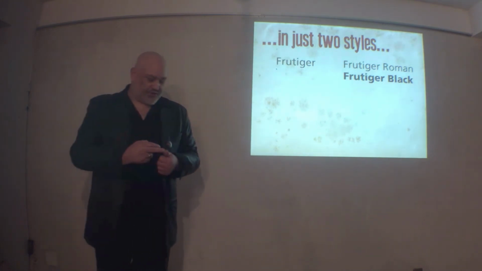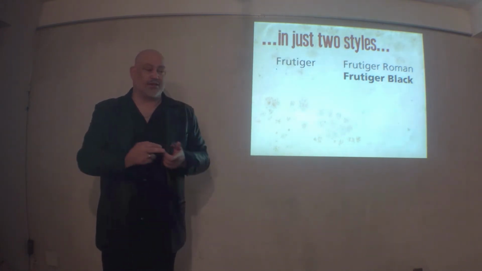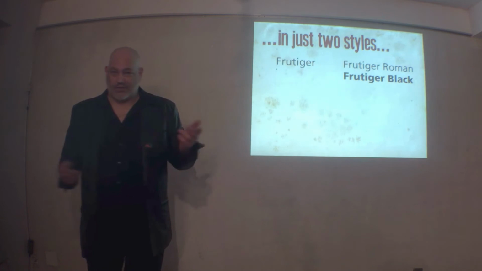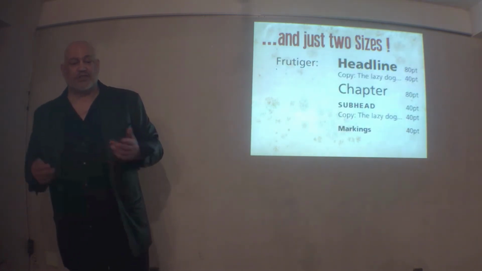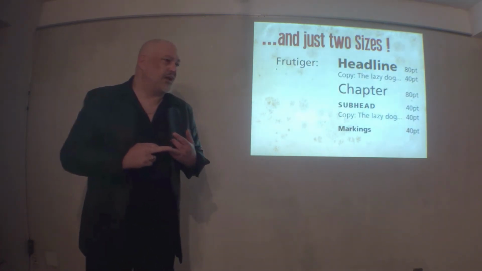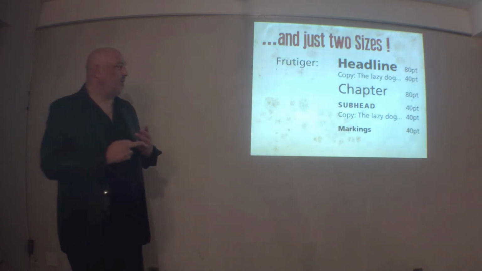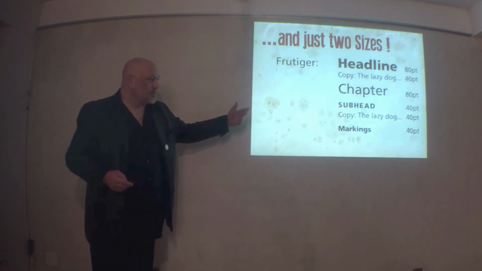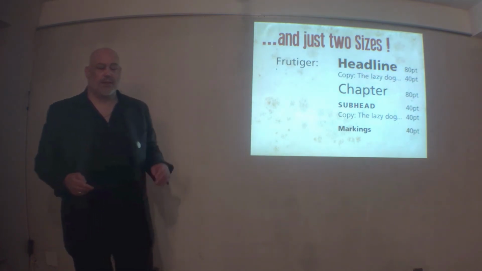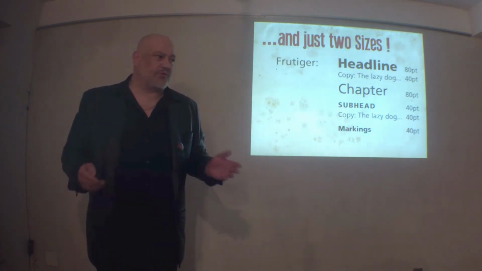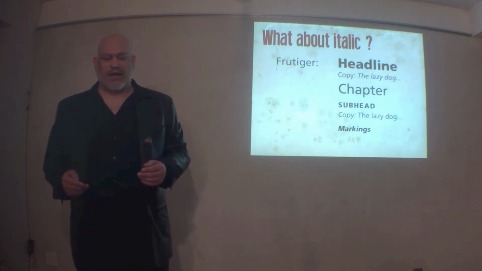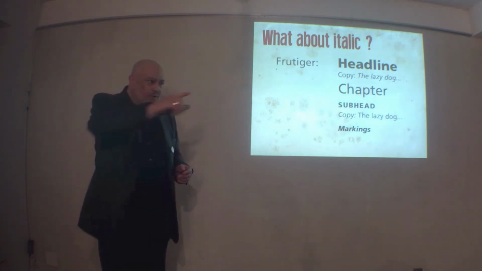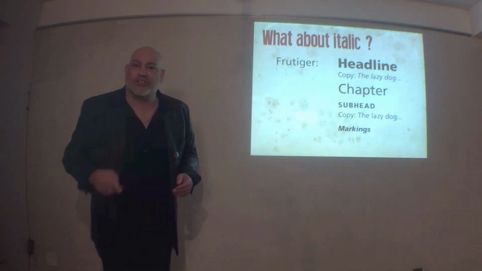If you just use the normal cut and the black cut, those 2 styles, and just 2 sizes, you get enough variations for a good presentation. Yeah, like this on the red side. It really should give you everything you need. And I hear you say quietly in your mind, what about italic?